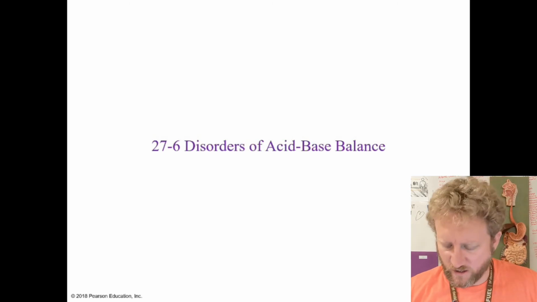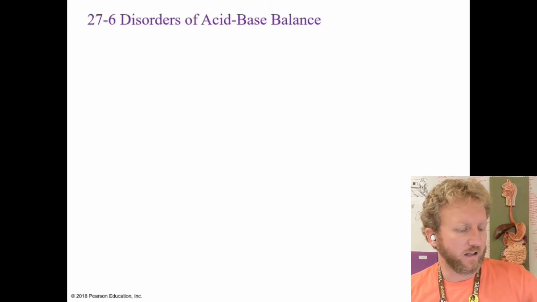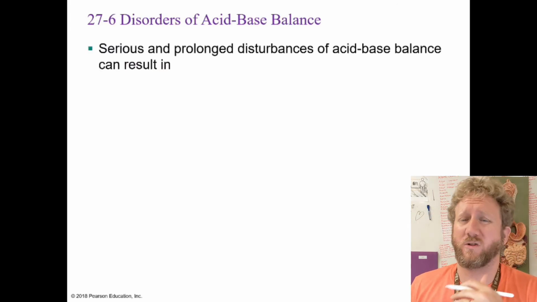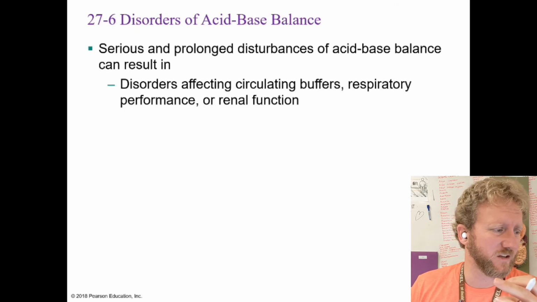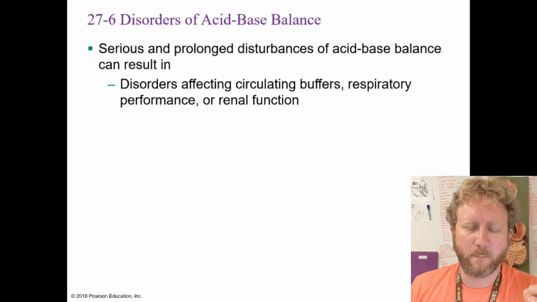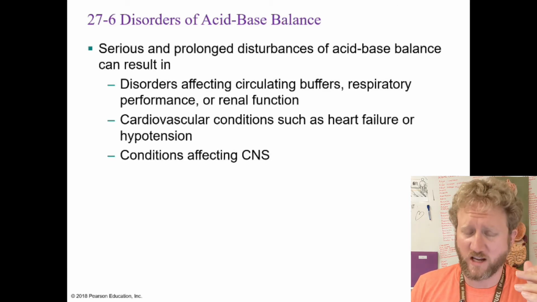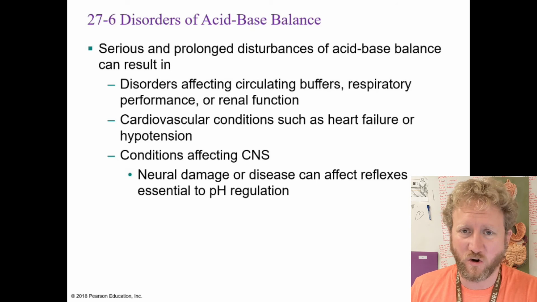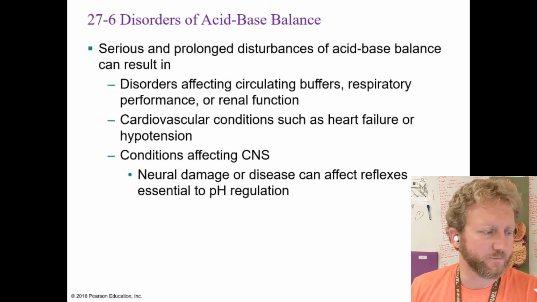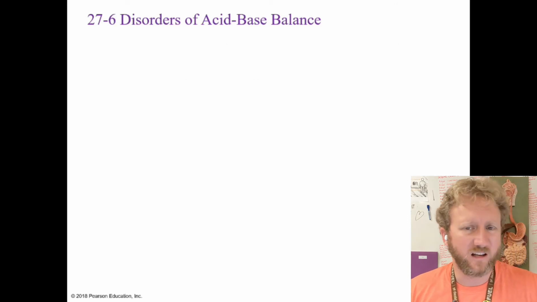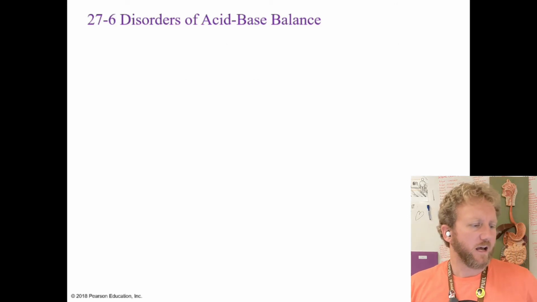We're going to talk about disorders of the acid-base balance. Serious and prolonged disturbances can result in a lot of really nasty things, including problems with respiratory performance, renal function, cardiovascular conditions like heart failure, central nervous system problems like nerve damage, and effects on reflexes, a lot of really bad stuff.